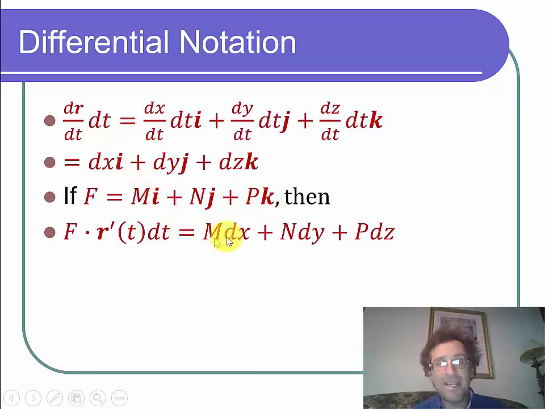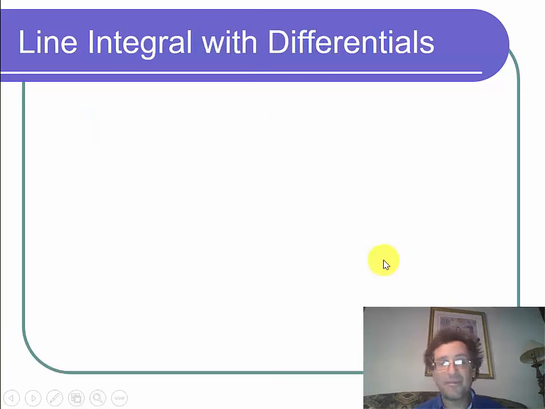You just get M dx plus N dy plus P dz. I actually didn't do anything here. All I did was define a new notation. But this notation is useful. So now let's use it.